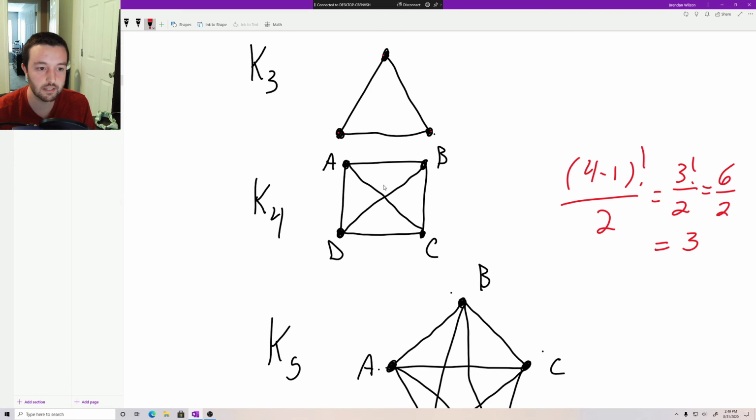Like A, D, C, B, or B, C, D, A, B. That's one circuit. Then we can also utilize the edges here. We could go A, C, D, B. That would be a unique circuit. And we could go A, B, D, C. Okay. And that would be a unique circuit too. So I think that's going to be all 3 of them.